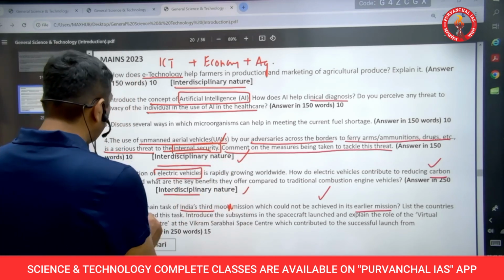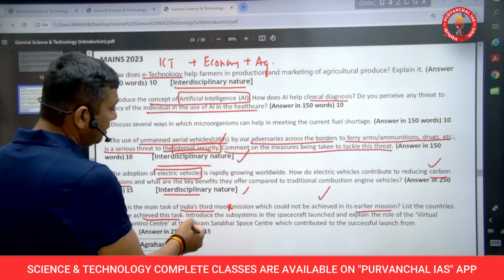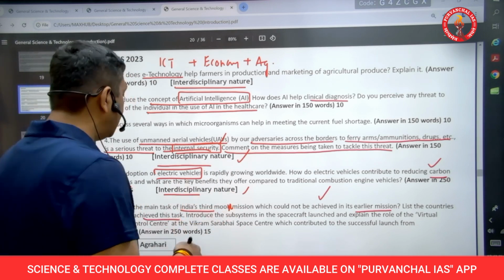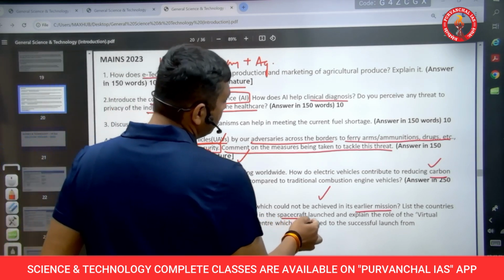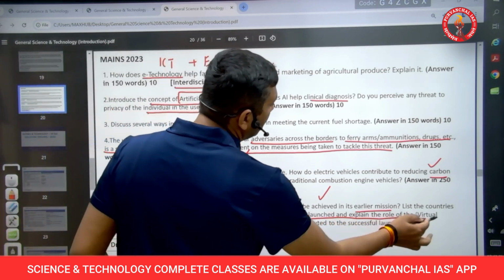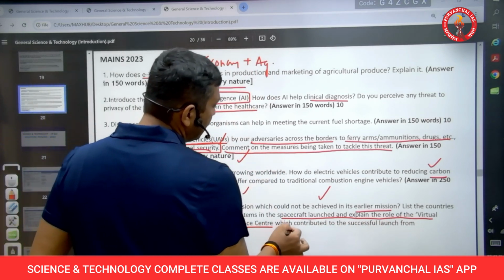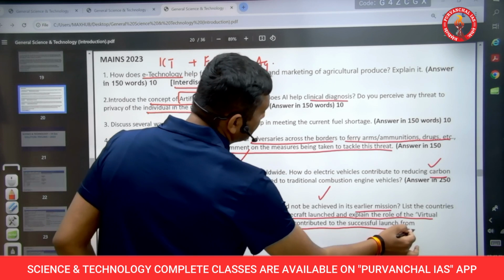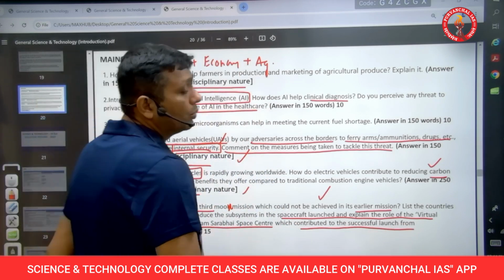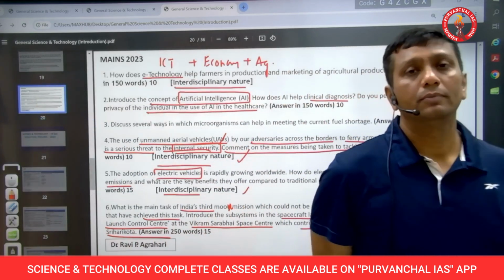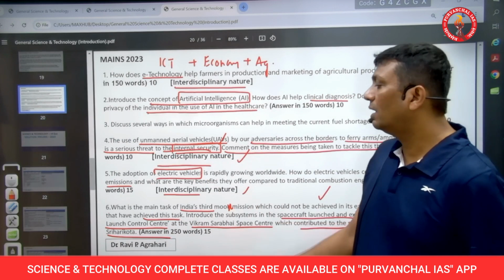List the countries that have achieved this task. And another one, guys: introduce the subsystems in the spacecraft launch and explain the role of the virtual launch control center at Vikram Sarabhai Space Center, which contributed to the successful launch from Sriharikota. Don't worry, during the discussion of space technology, I'll discuss this with you.